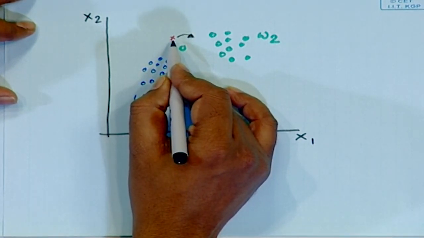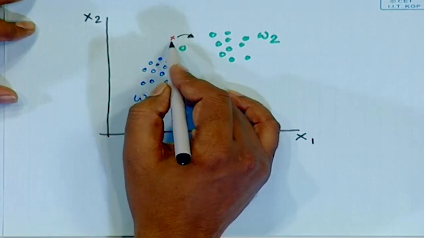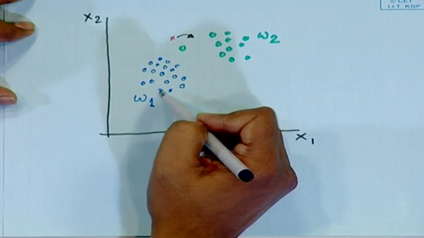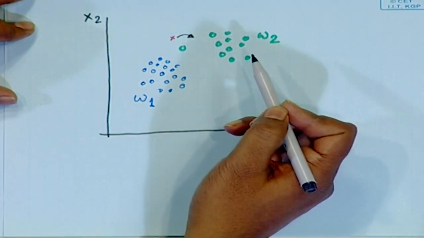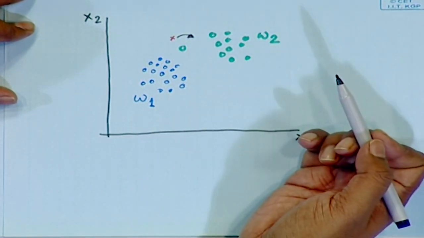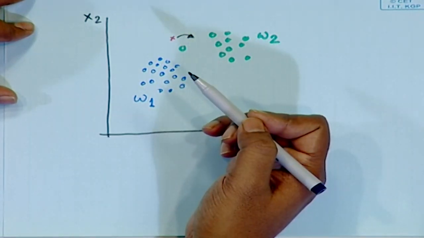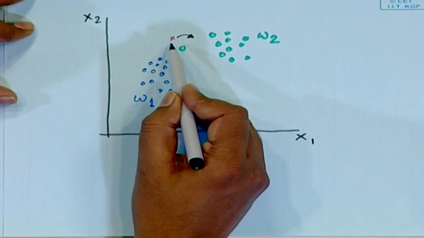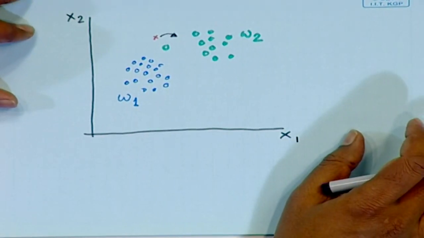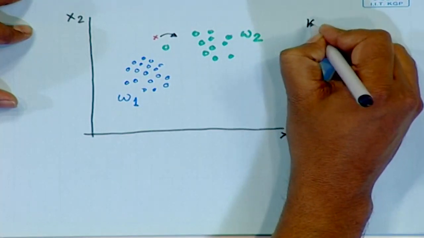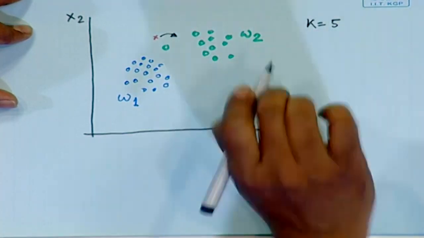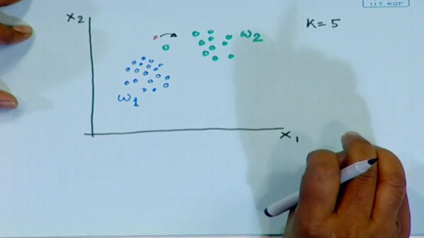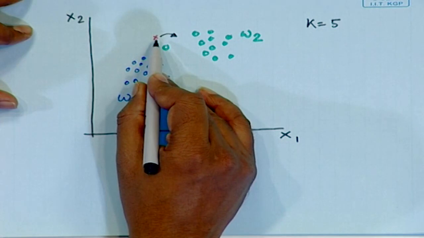For doing that, I have to find out the distance of the training samples, irrespective of whether they come from class omega 1 or class omega 2, and find the k samples nearest to this unknown sample. Suppose I decide the value of k is equal to 5. Let us take any value. So, I will take 5 samples which are nearest to this unknown sample.